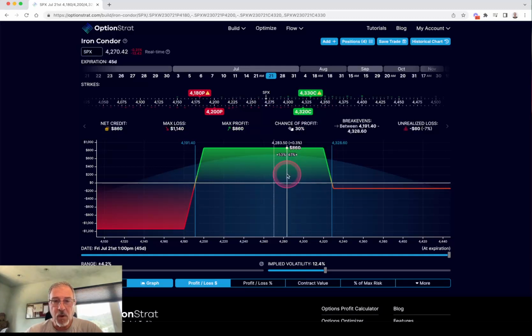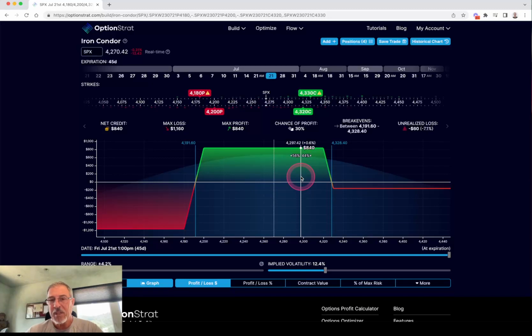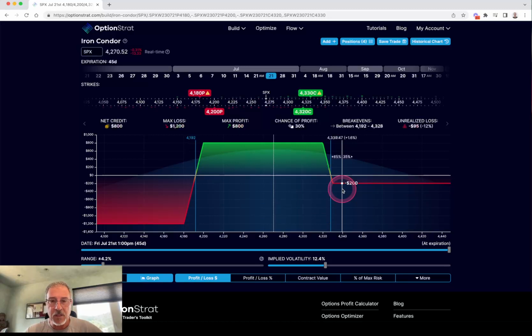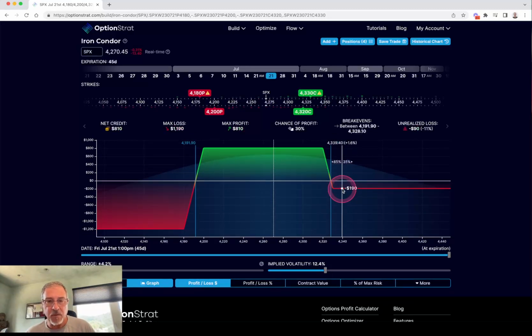So what's kind of unusual about this right now? Well, this is what's called a skewed iron condor. This is not an equilateral iron condor where I have the same amount of risk on both sides. So why would I do this type of condor?